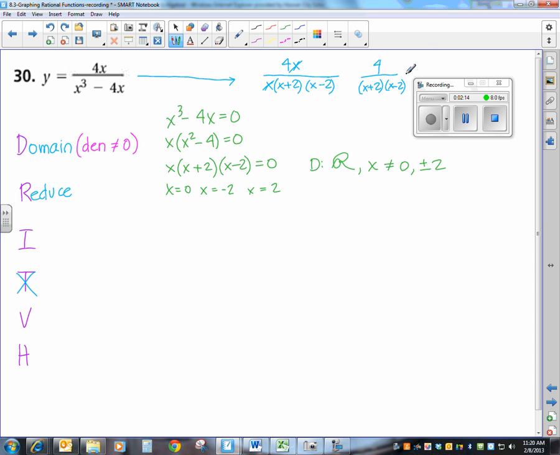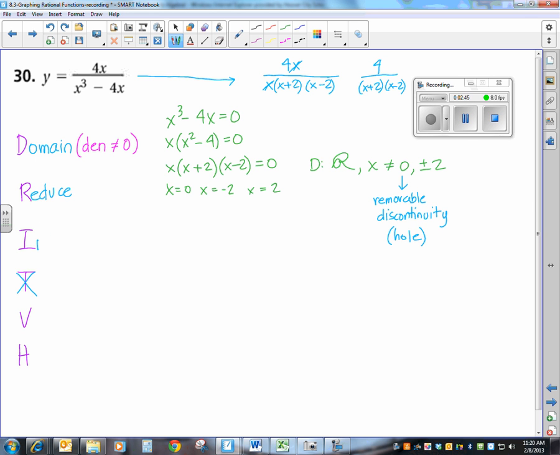And when you have it like that, where the x's cancel, that's what we call a removable discontinuity. We will come back, and that's of course where we have a hole in our graph. Okay?